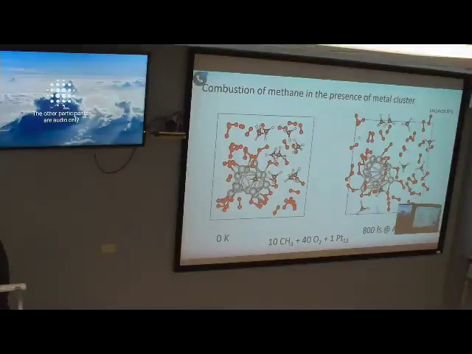PV equals N constant T. If you reduce volume, temperature should increase. Increase pressure, temperature will increase, and it may increase even more than we want.